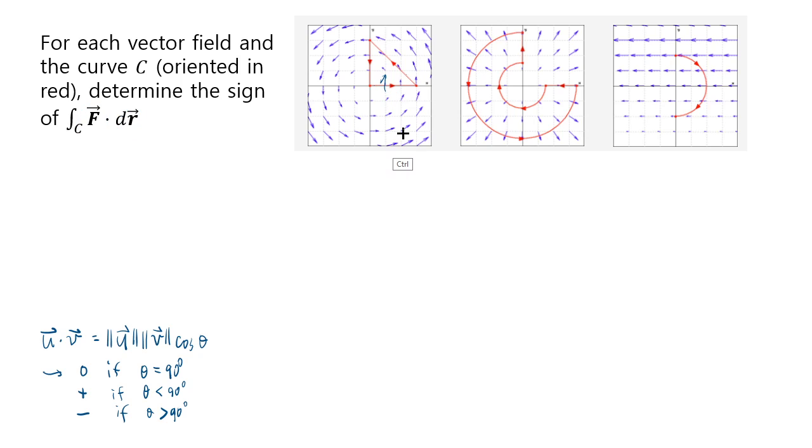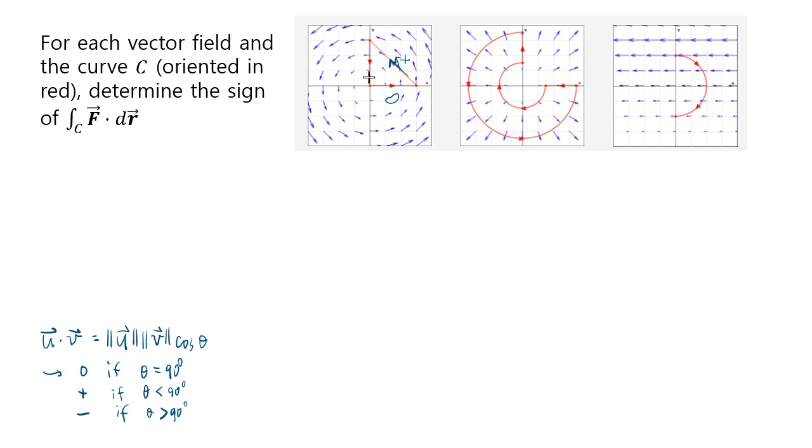Okay. So for this first example, this integral will be 0 because the vector field is going up, whereas the line is going right. On this side, the integral will be positive because it's going this way, whereas the line is going that way, so the angle is less than 90 degrees.